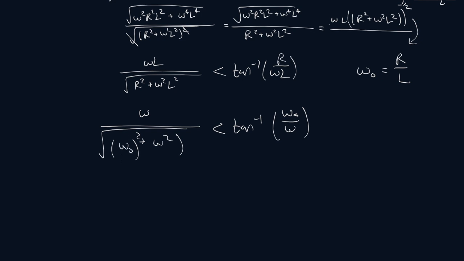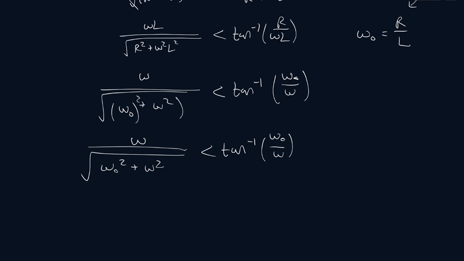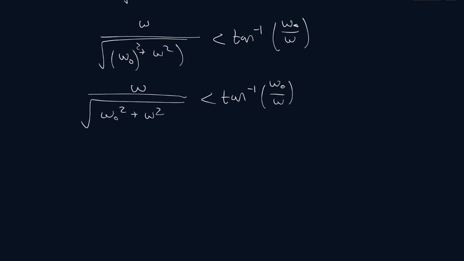And I could go a step further and make this look much nicer by factoring out a W squared. So hold on, let me redraw this more clean. Okay, so I'll factor out the W squared from all of this.